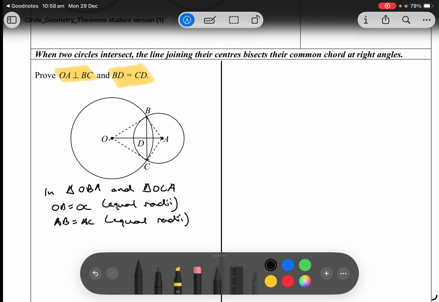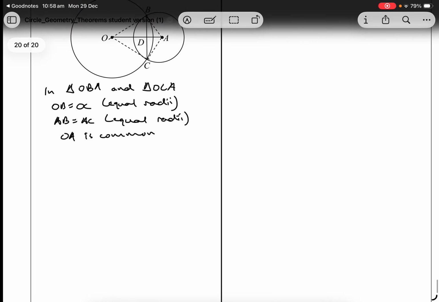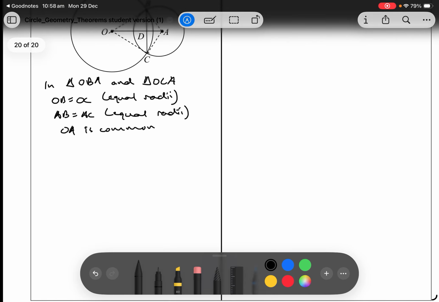We also know that OA is common. Now, because we have these 3 things, we can make a statement about their congruence. So we can say, therefore, triangle OBA is congruent to triangle OCA. And that is side, side, side.